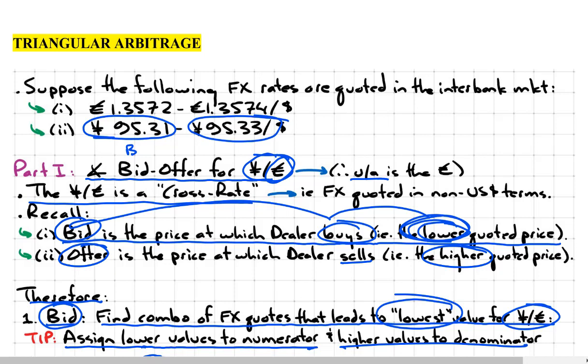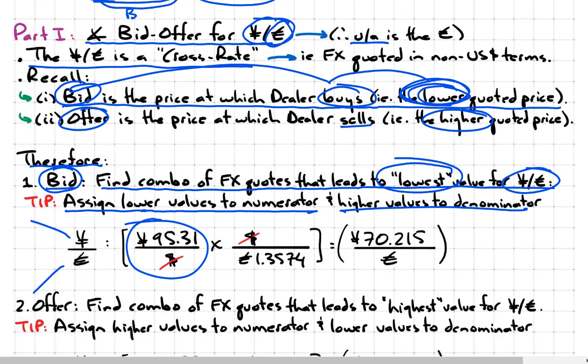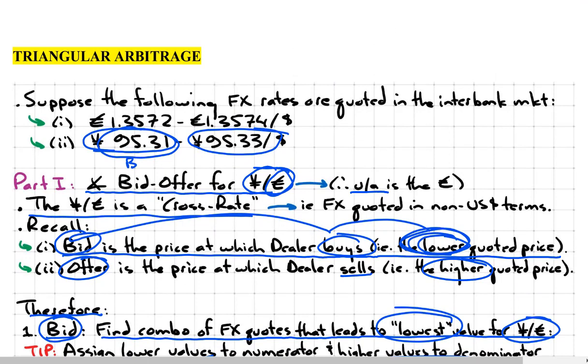Well, remember we said we want the numerator to be as low as possible. So we're going to select the 95.31, and that's exactly what I did right there. And to make the overall ratio low, we want the denominator to be as high as possible. So when I'm setting up the dollar to euro ratio, let's just go back again.